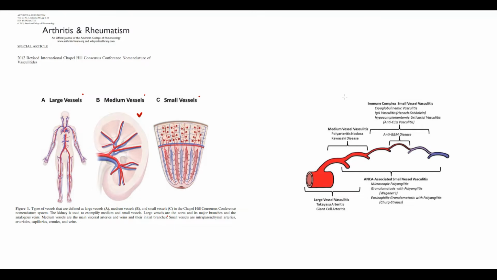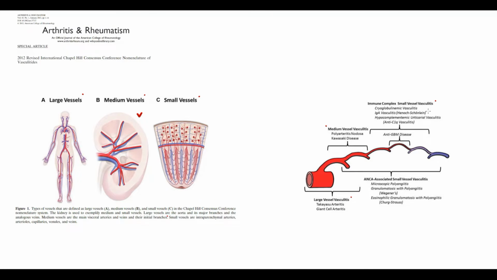It's important because we have a group of disorders called vasculitis that can affect blood vessels. And the key feature here is that some types of vasculitis affect mostly large vessels. Some vasculitis affect medium-sized vessels, and other types of vasculitis affect small vessels.